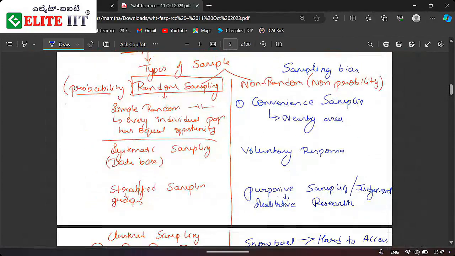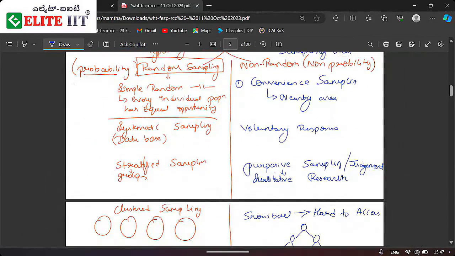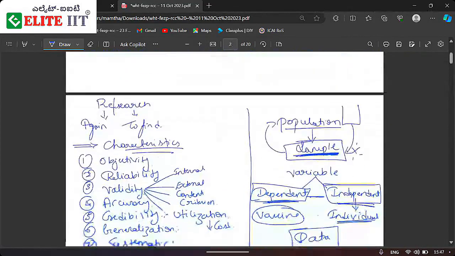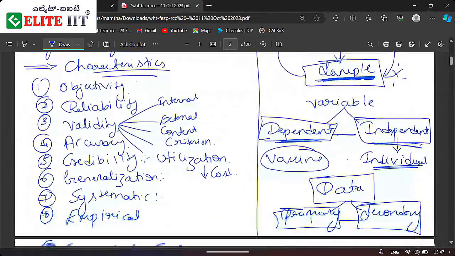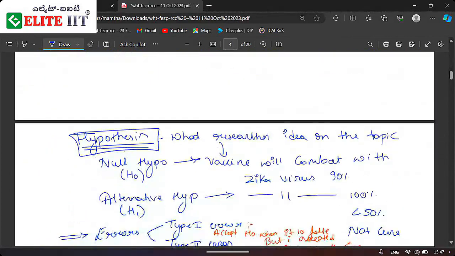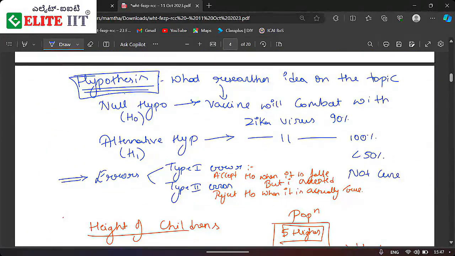So let me repeat, guys, whatever we have studied until right now. We discussed the different research characteristics, and we came across some new concepts, and we went on with the hypothesis. We understood what it actually is. Hypothesis is the researcher's complete idea on a given topic. And we have two types of hypothesis: null hypothesis and alternative hypothesis.